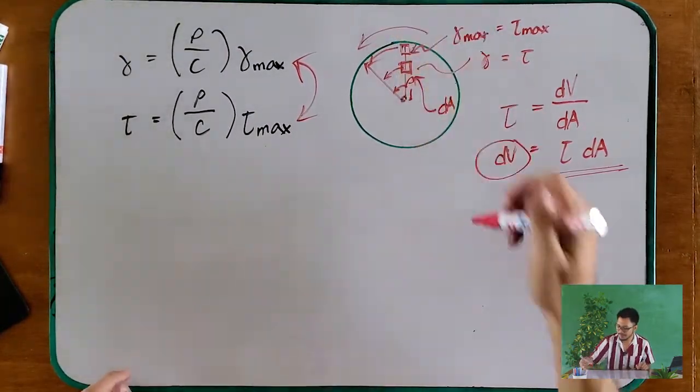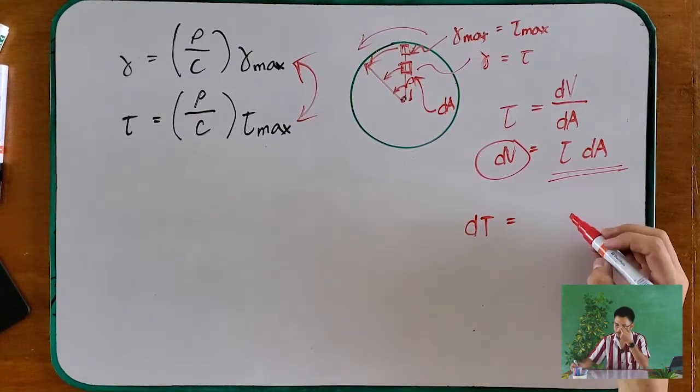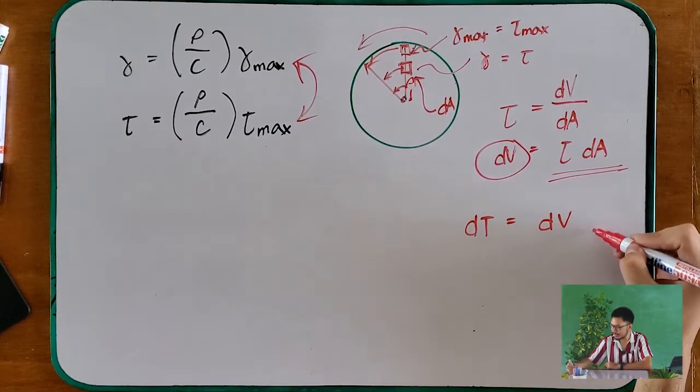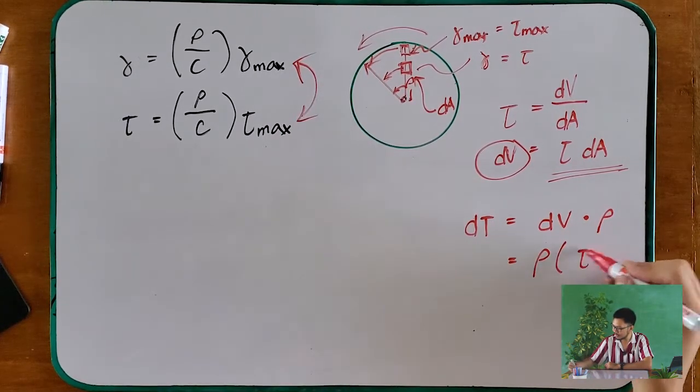So therefore, your dT, your differential torque, is just equal to your dV times your rho, which, if we break it down, is rho times tau dA.